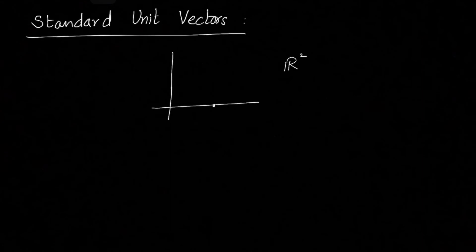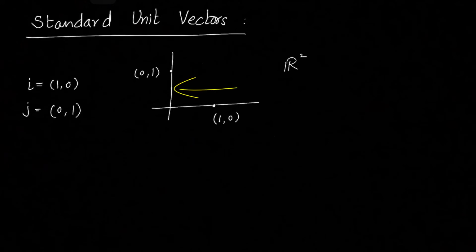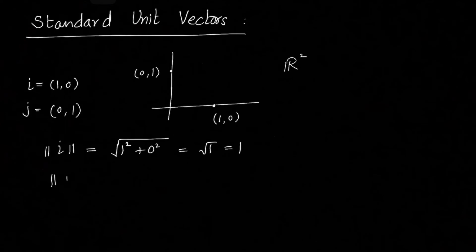You have this vector, which we denote by i, and j as 0, 1. If you find the norm of i, it will be the square root of 1 square plus 0 square by definition. Similarly, the norm of j will be 1. So i and j are the standard unit vectors of R2.